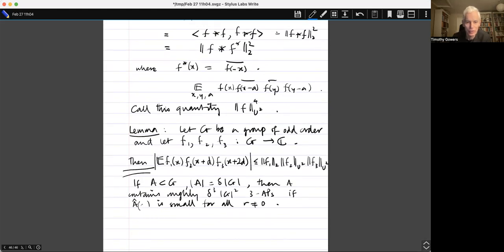Actually, we haven't really seen that, but we saw it in the Zn case, and the proof generalizes straightforwardly to the subsets of any group of odd order.